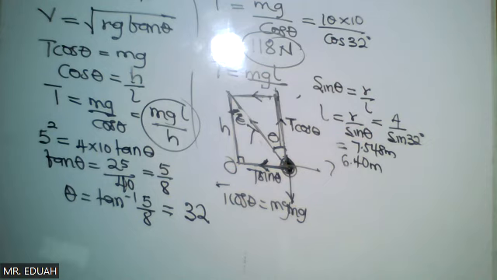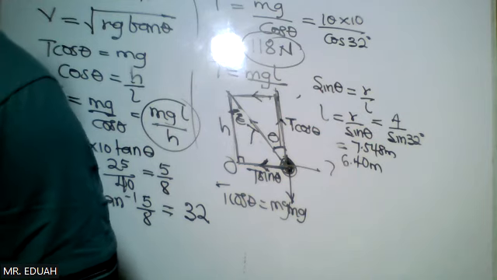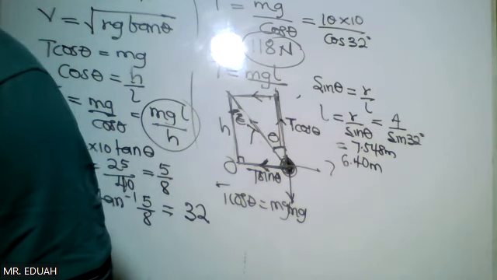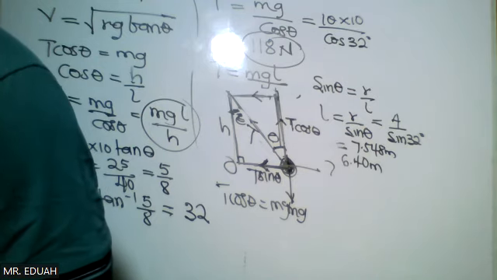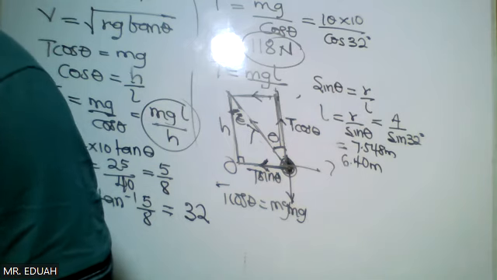The sphere moves in a circular horizontal path of radius 0.75 meter.